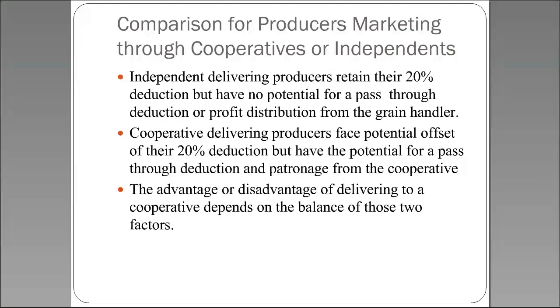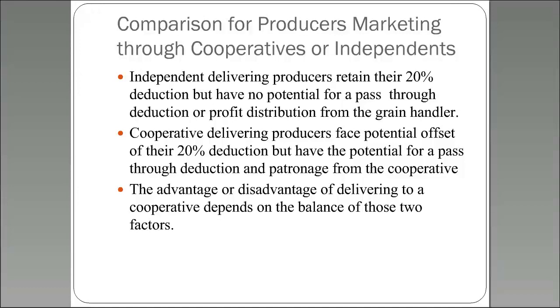So the question that comes up, should this impact who I deliver grain to? If you're delivering to an independent firm, you just get the 20% deduction as a pass-through entity, and you're not going to have any offset through that, and you're also not going to have any Section 199A pass-through from your grain firm or any profit distribution.